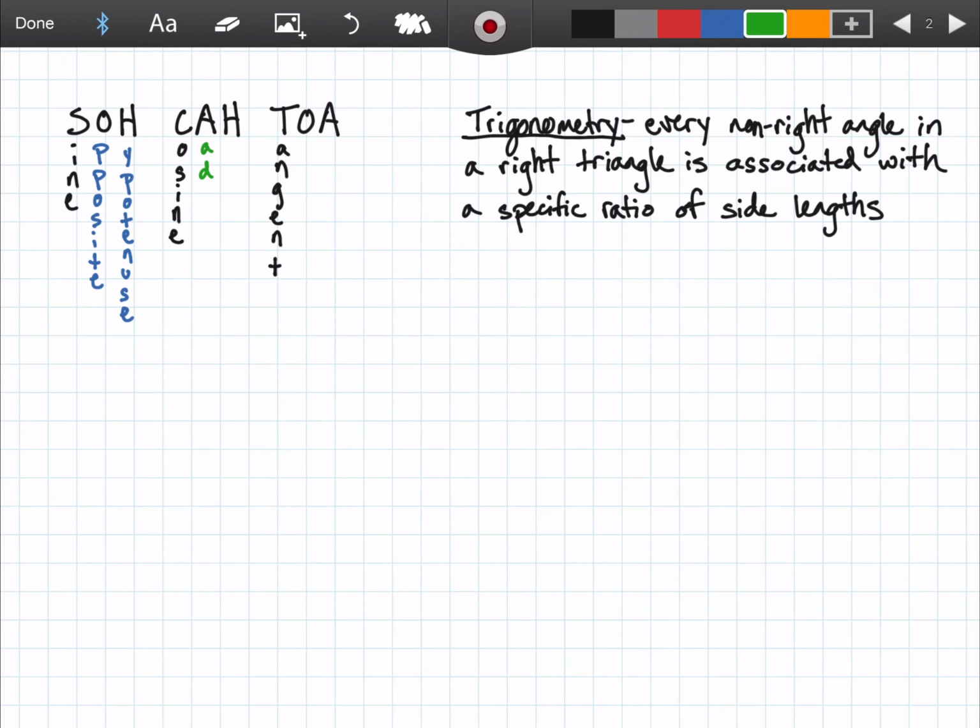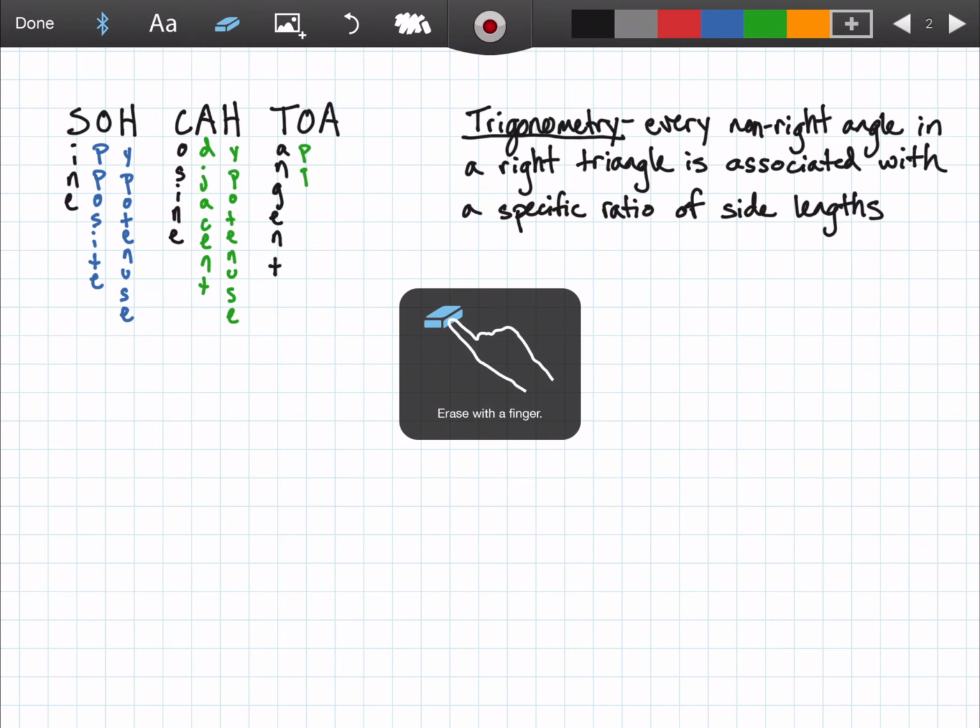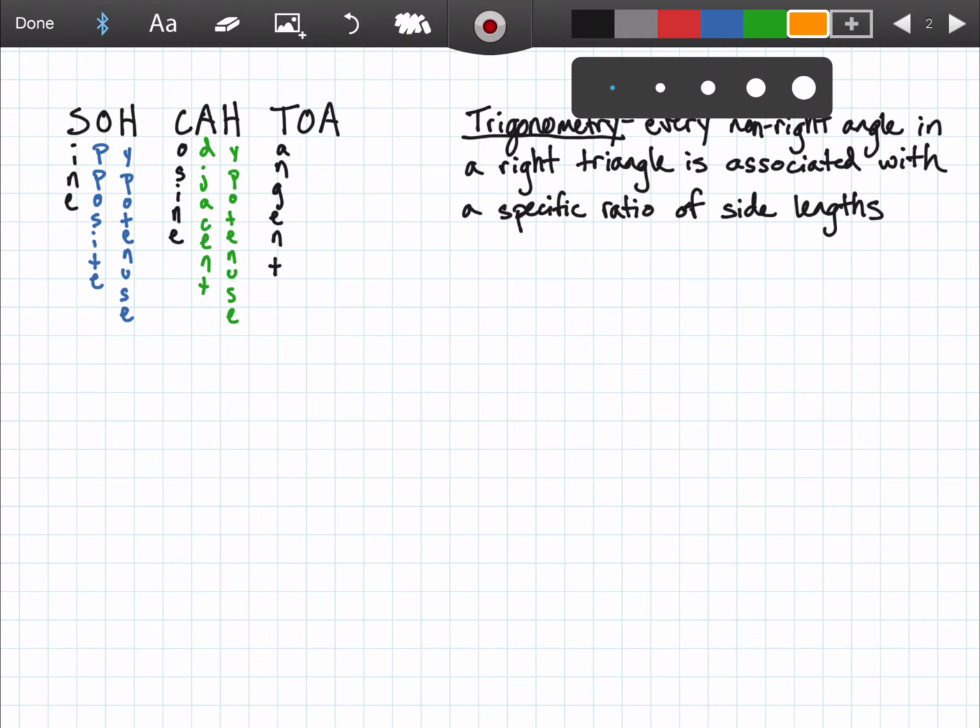Cosine is adjacent over hypotenuse. And tangent, color coding, excuse me. Tangent, opposite over adjacent.